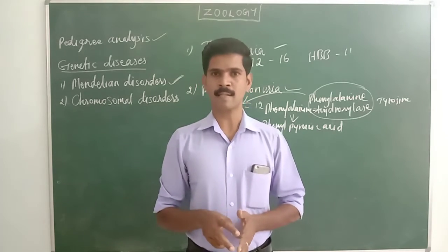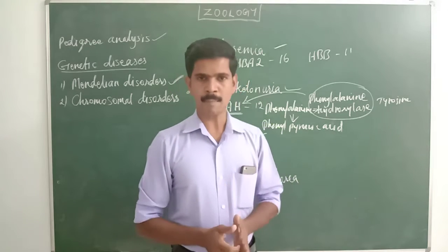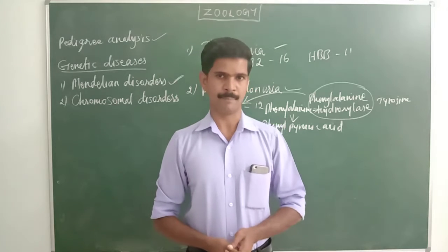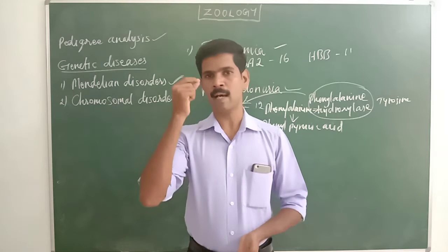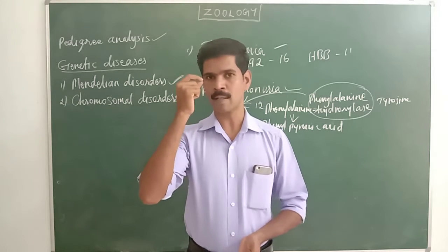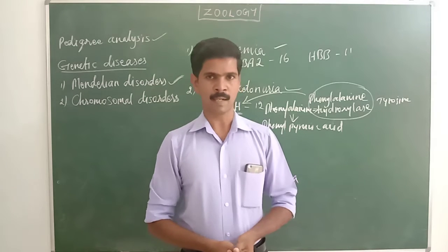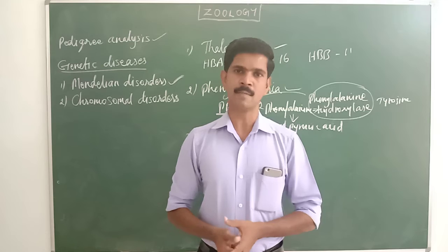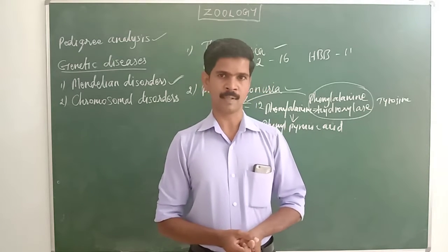Only inside these melanocytes is the pigment melanin produced, and this melanin gives color to our skin. This melanin pigment is also produced in the eye and in the hair. The person affected with albinism is called an albino.